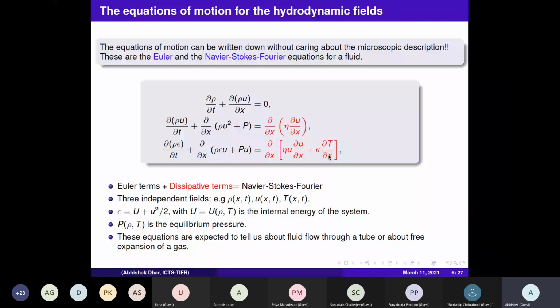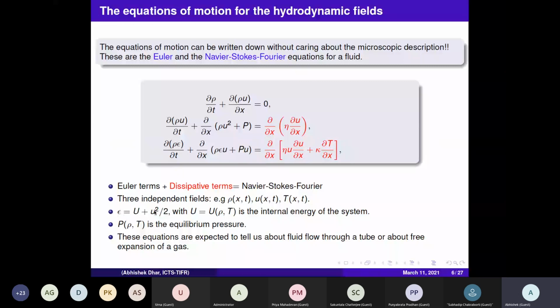Okay, so now there are these three independent fields, rho, u, and T. You can see rho here, u here, and okay, so where is temperature? Now this epsilon, I said it's the energy per unit mass, and you can break it up into a flow energy because the fluid is moving. So there's an advective energy, which is the kinetic energy of flow, and then there is an internal energy.